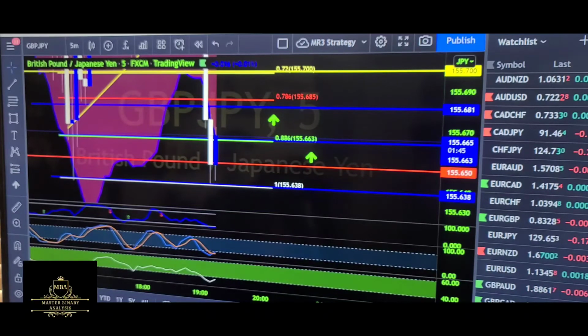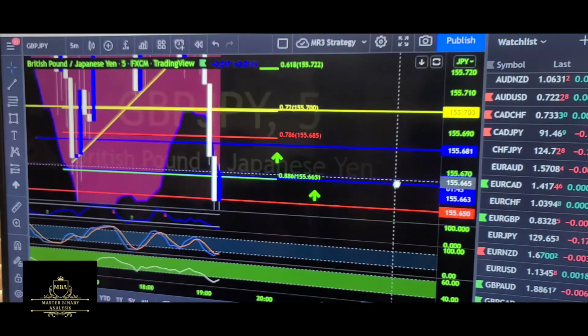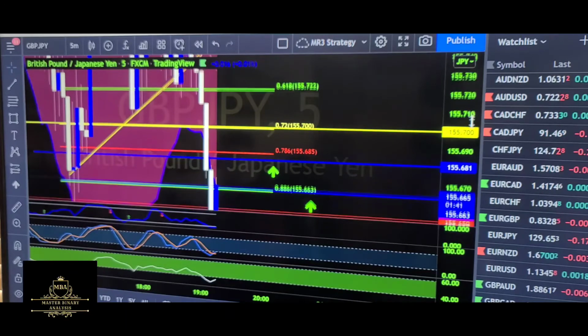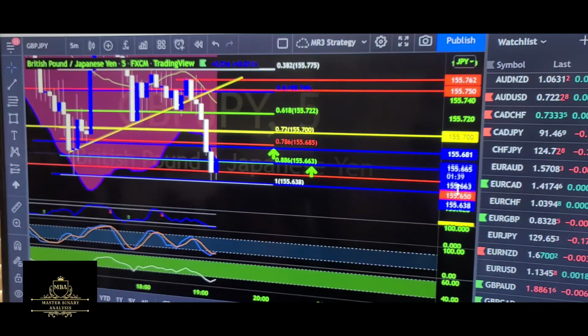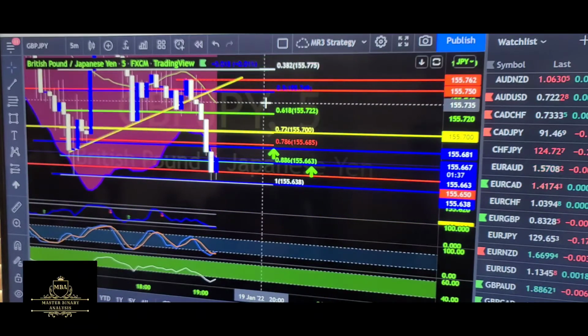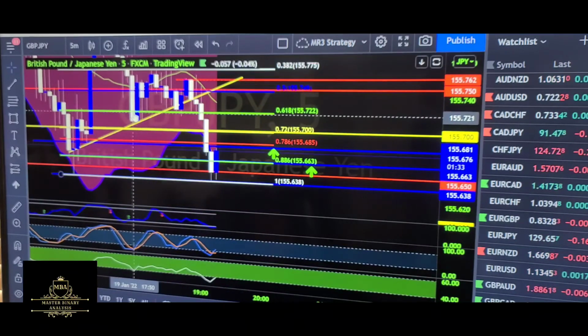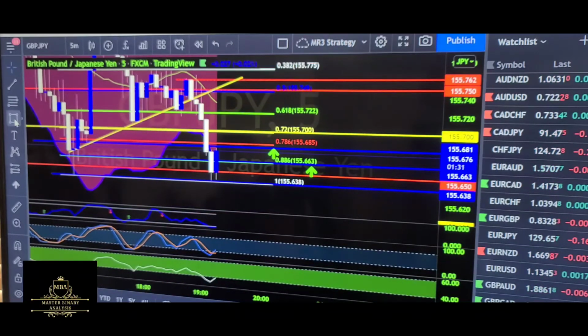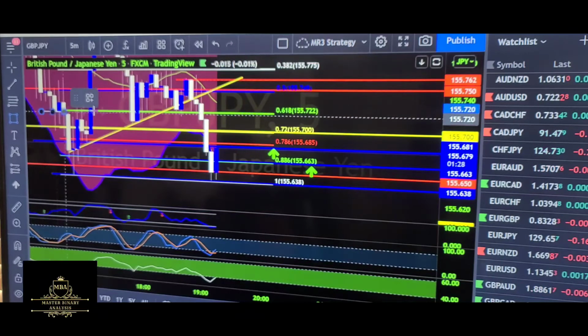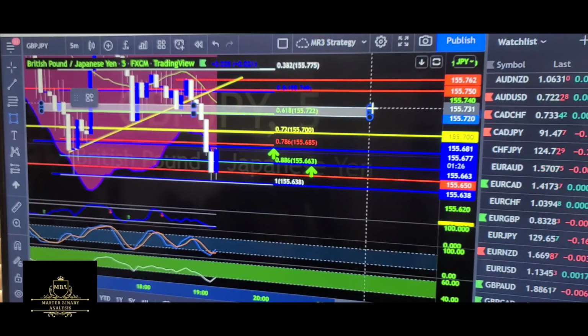So again, we had that trend line up there, and we're looking for a support line. Okay, so that was a great level here. So I'm thinking it might go into this range, right about here, up to the 618.